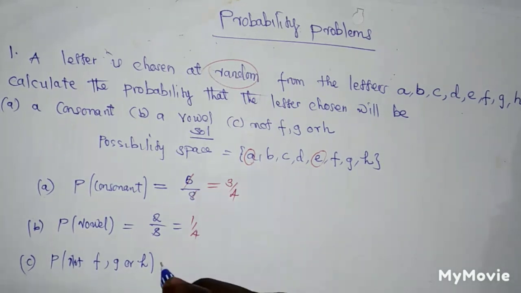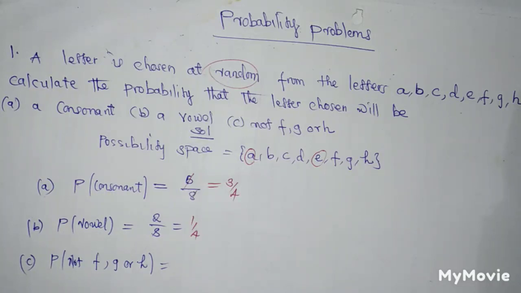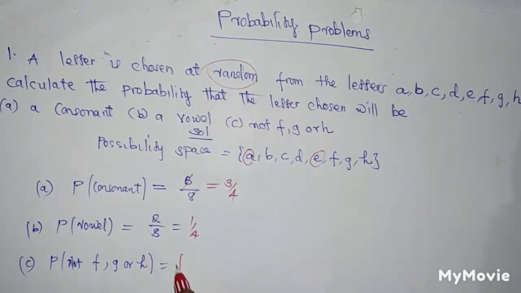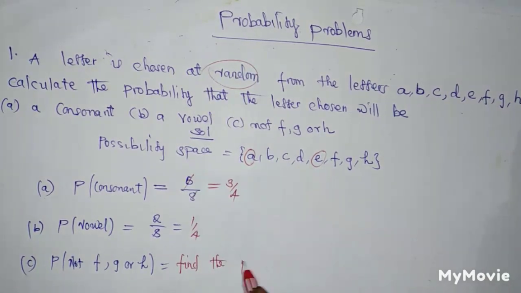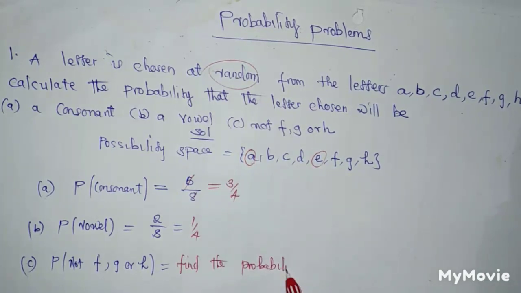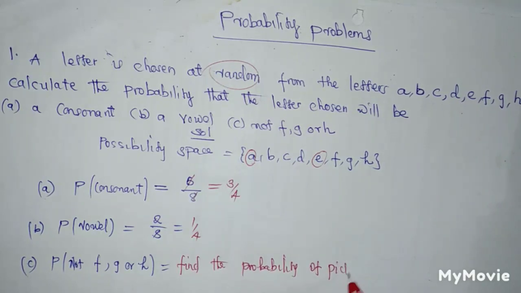To find the probability of not picking F, G, or H, we have to first find the probability of picking a letter.